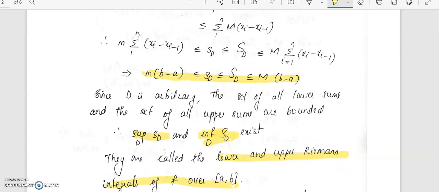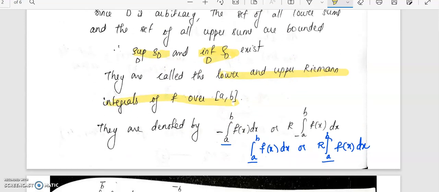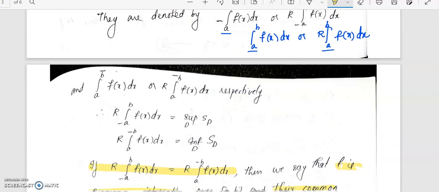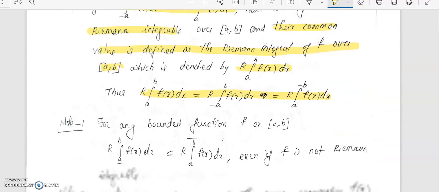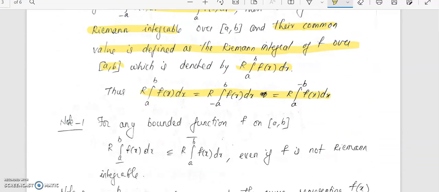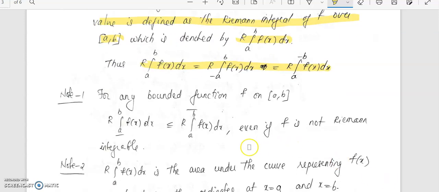Therefore this supremum and infimum will exist. Now provided they are equal, the function is Riemann integrable. So that is how we define Riemann integration.